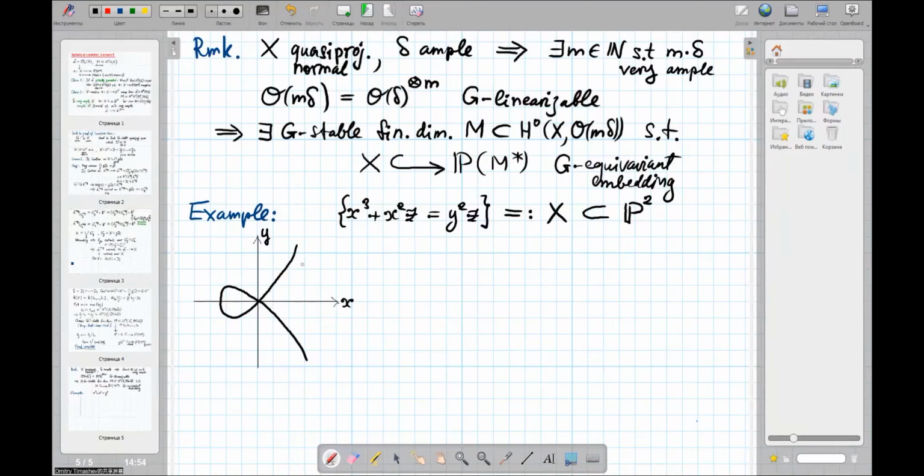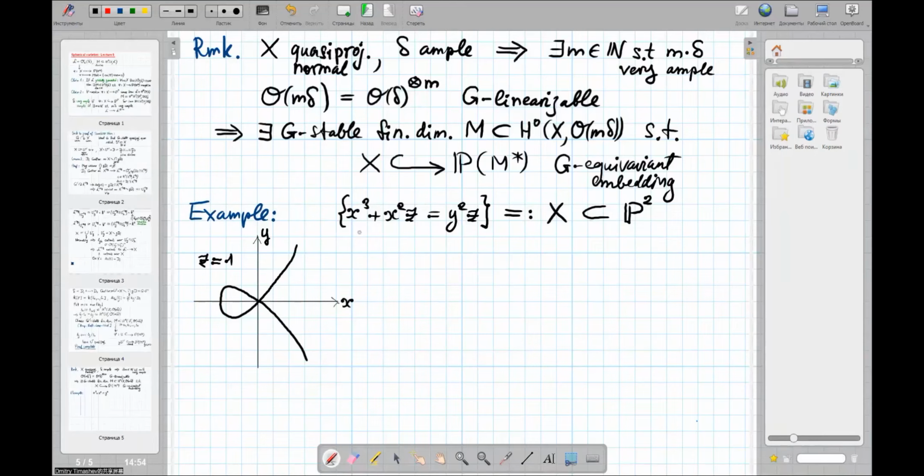So this picture now shows you the affine chart where z is equal to 1. And the line at infinity is where z is equal to 0. You can easily calculate that at infinity you have a point with coordinates x and z equal to 0 and y equal to 1, say, non-zero. A single point at infinity, and it is a smooth point.